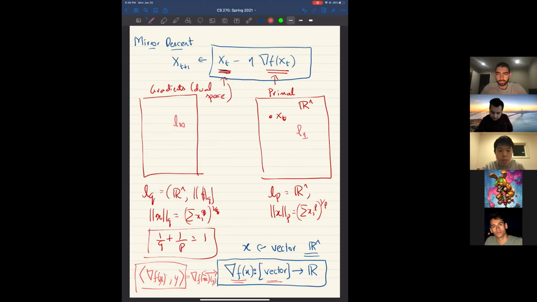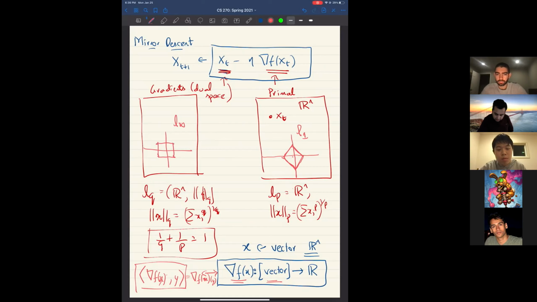What that means is, if I look at the unit ball in the X space, it looks like this. This is an L1 unit ball, even in 2 dimensions. The L infinity unit ball looks like this.